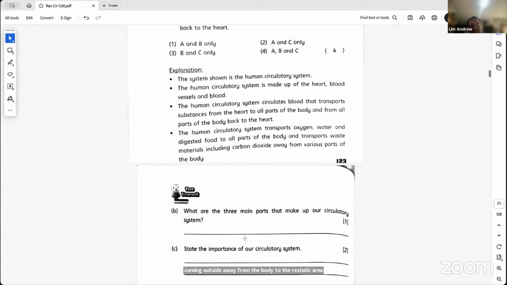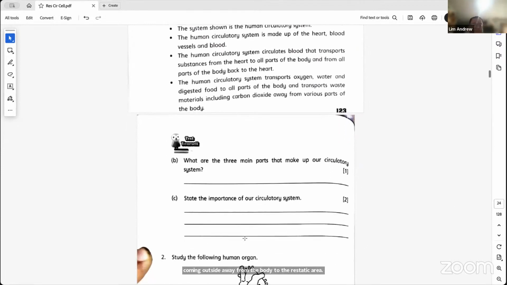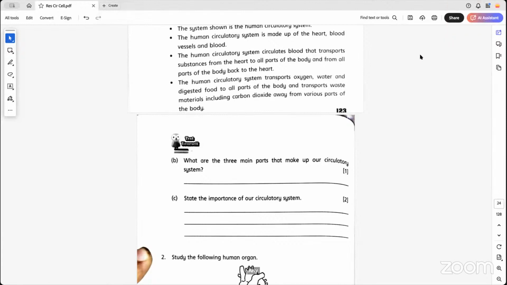Now, let me ask you a question. Volunteer, please. How to answer B? What are the 3 parts that make up the system? We just mentioned earlier. Any volunteers? Okay, yes, answer. Blood vessel, heart, and the lung.